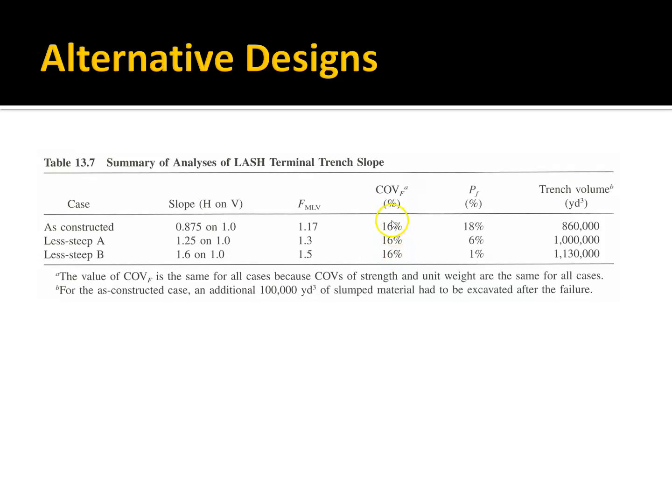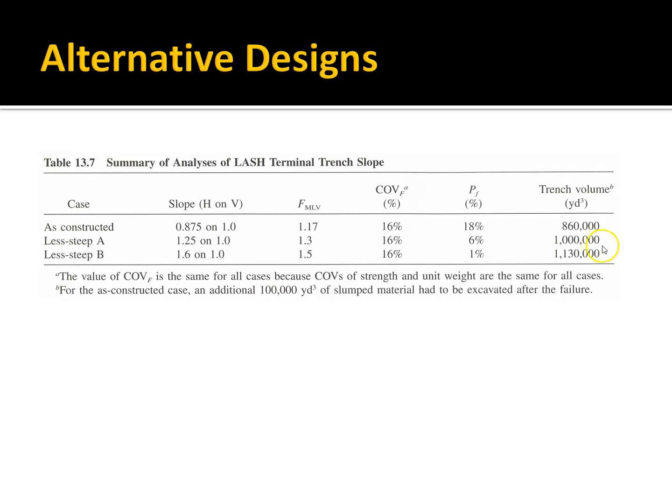Now notice all of these coefficients of variation are the same. That's because the strengths and the unit weights are the same for all three of those cases, so that actually turns out to be the same. But in this case, we get a 6% probability of failure. And if you go with a 1.6 slope, then you get a 1% probability of failure.